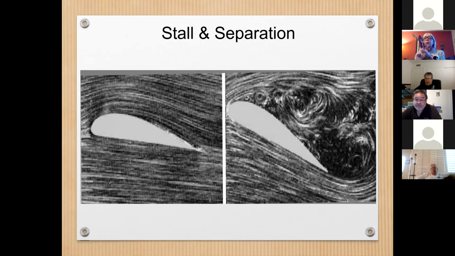To recover, you lower the nose and you put in the rudder on the high wing. I'm not sure how that works with the transmitter. In our airplane, we call it stepping on the high wing. So I would imagine on your transmitter you'd probably put in right rudder. You lower the nose to break the stall and get the air flowing back over the wings, and the ailerons are no use anymore.